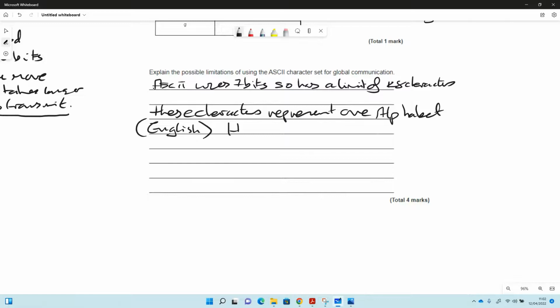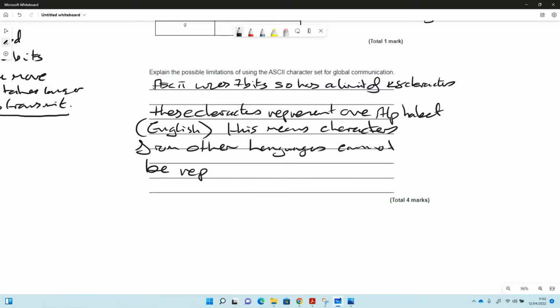So this means characters from other languages cannot be represented using ASCII.